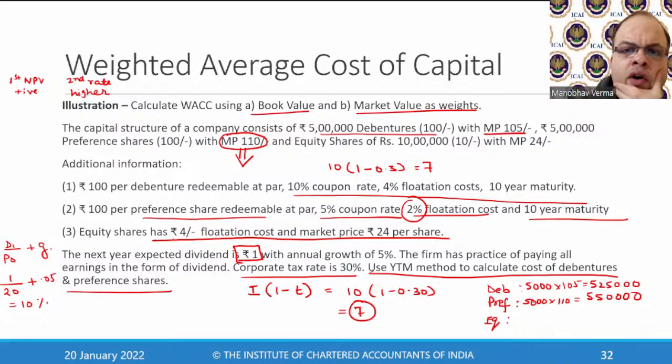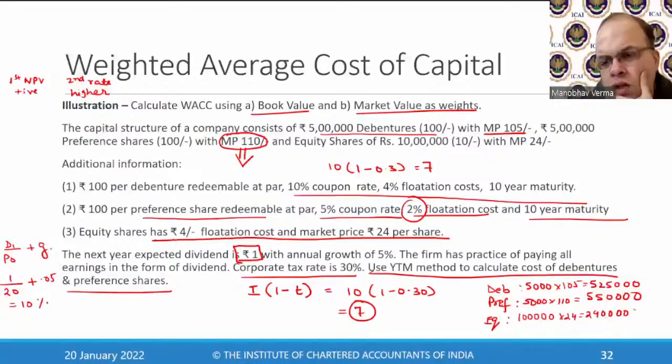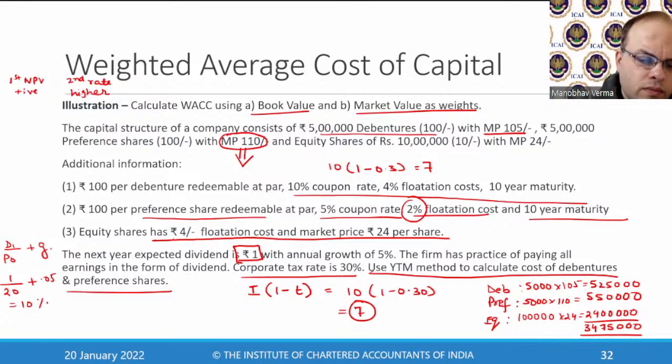Equity, you have 1 lakh shares to 24. So 24 lakhs. So that means my total capitalization base is 34,75,000 here. 3475.